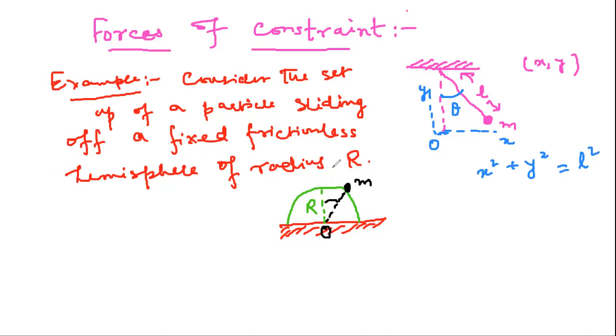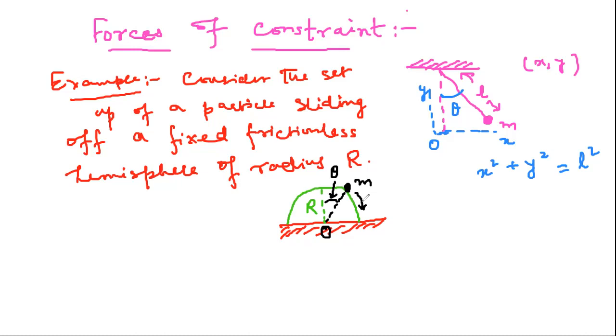This is angle theta. And this particle is going along this surface. It is constrained to move along the surface of this hemisphere.